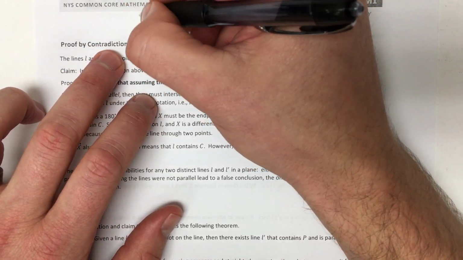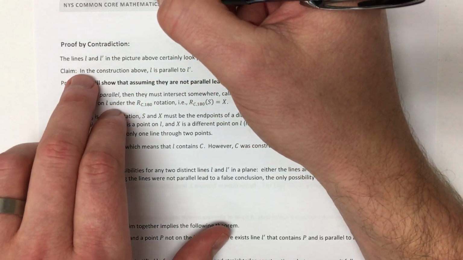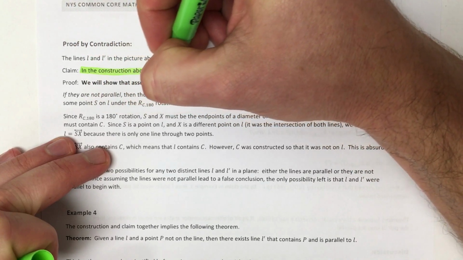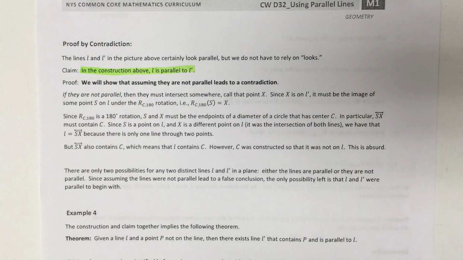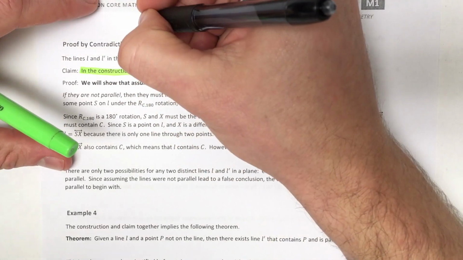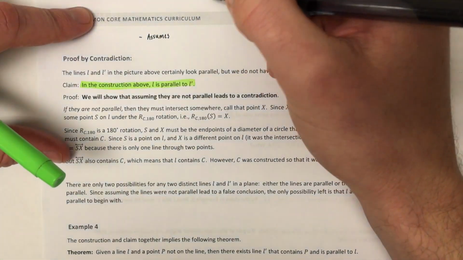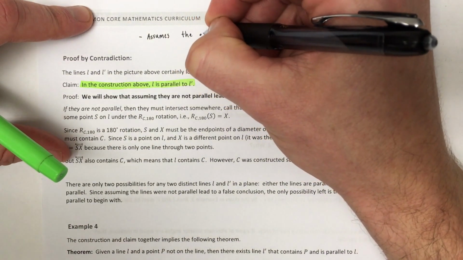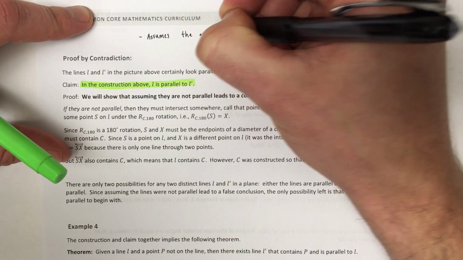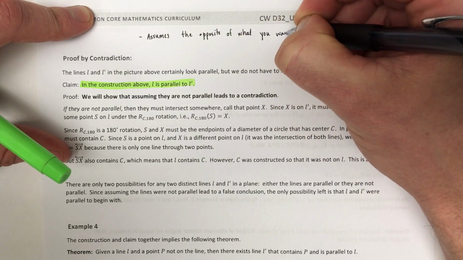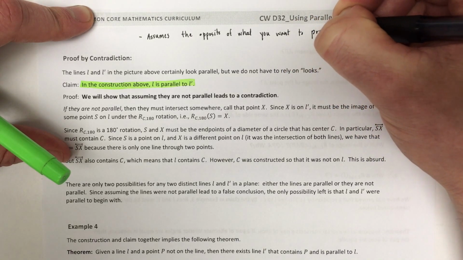And what proof by contradiction is, you take a statement such as, I want to claim that line L is parallel to line L prime, its image. The problem is that I'm not able to really state that through the means that I have presently. And so proof by contradiction first assumes the opposite of what you want to prove.